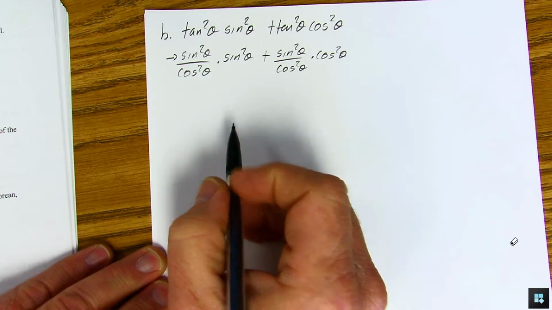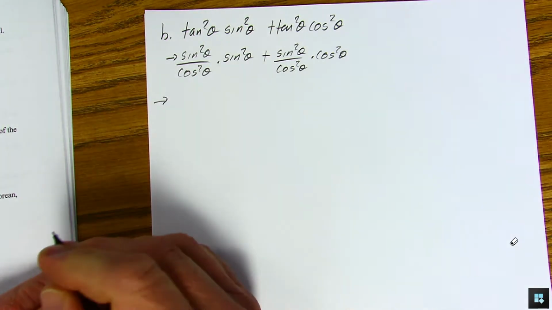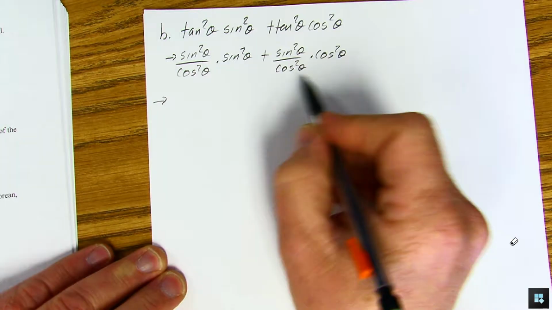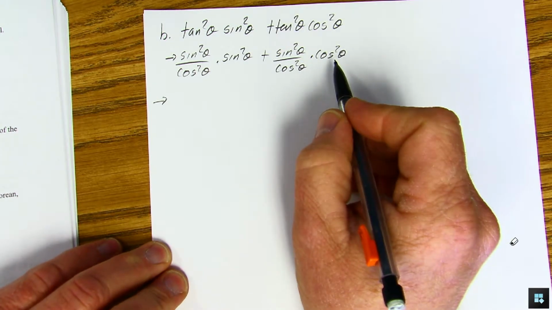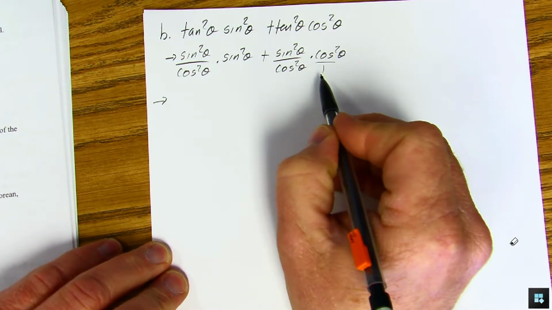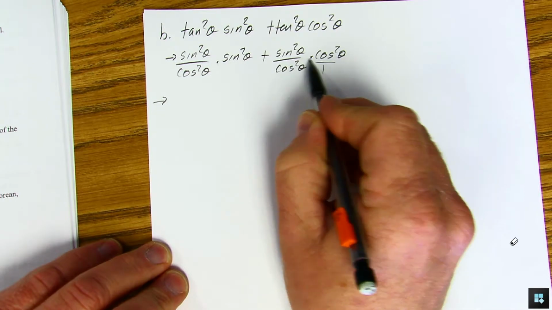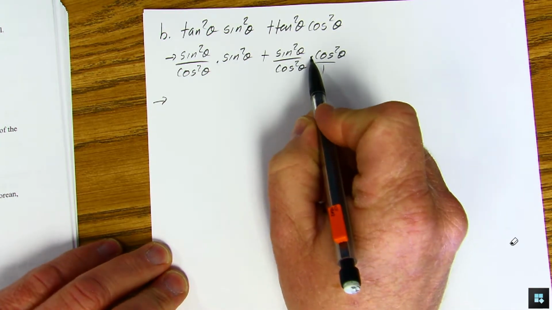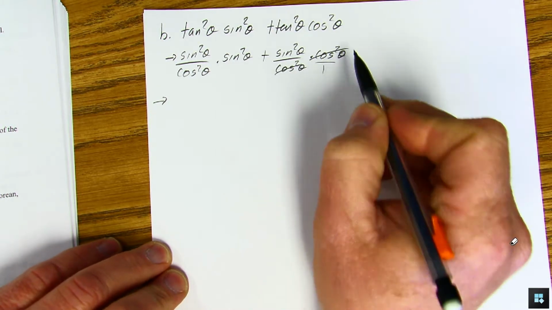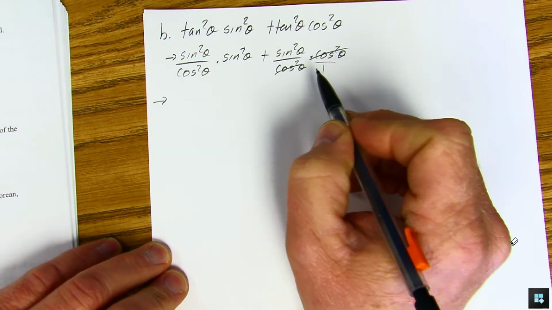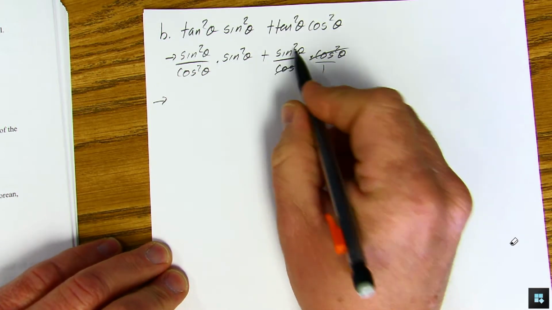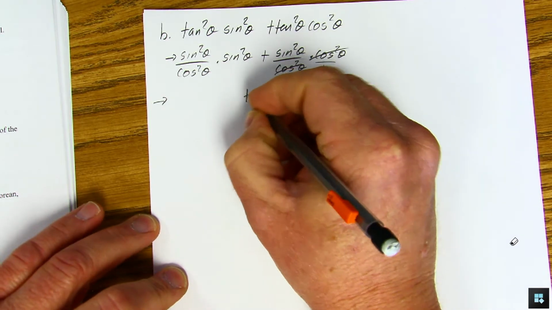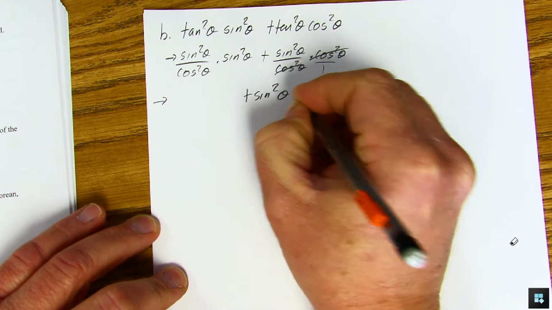So from here, where would it follow? Well, this one here is pretty easy to see, I think. This is over 1. If I'm multiplying and dividing, then what happens with multiplication and division? They divide the same thing on top and bottom. They divide to 1. So I get 1 times sine squared. So over here I get plus sine squared theta.